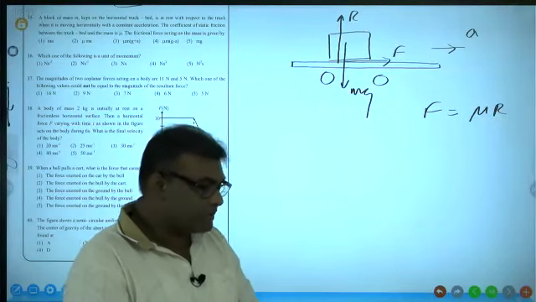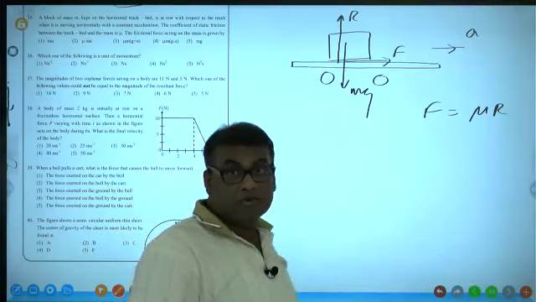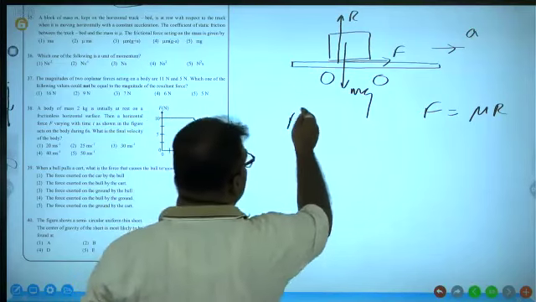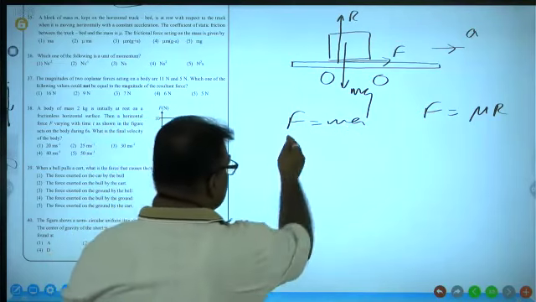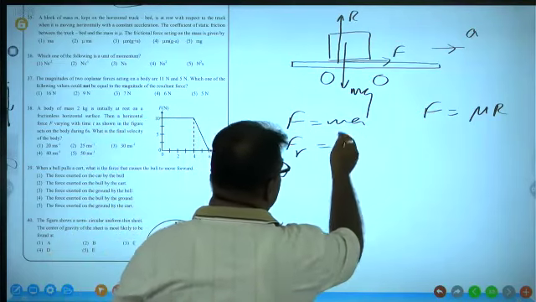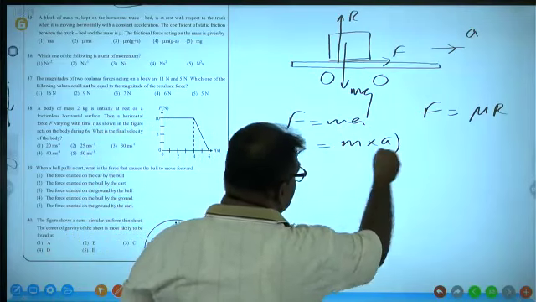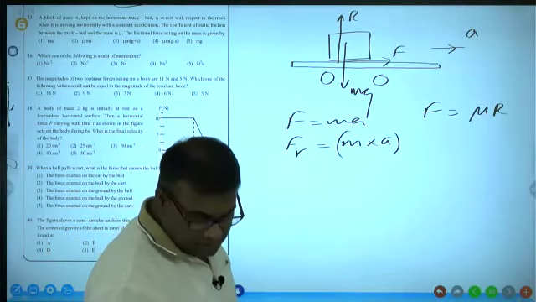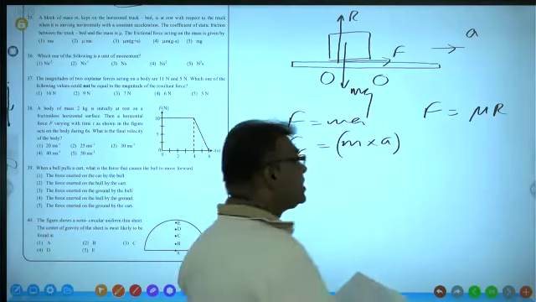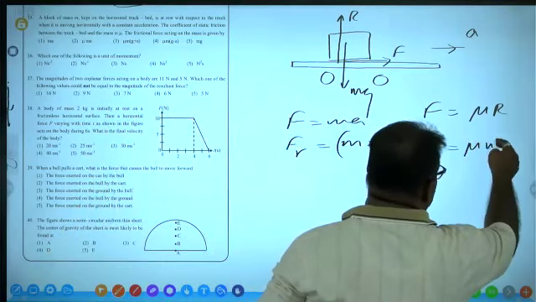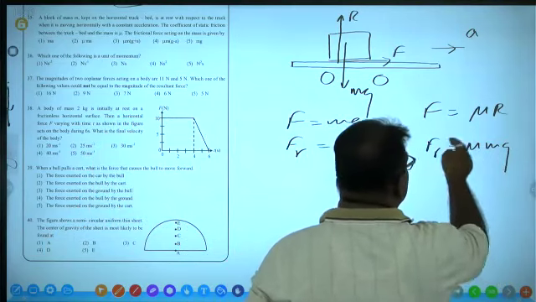Therefore, that one is not valid. Just apply F equals ma for the mass. F is the friction, mass is m, acceleration a. Then ma could be the frictional force.